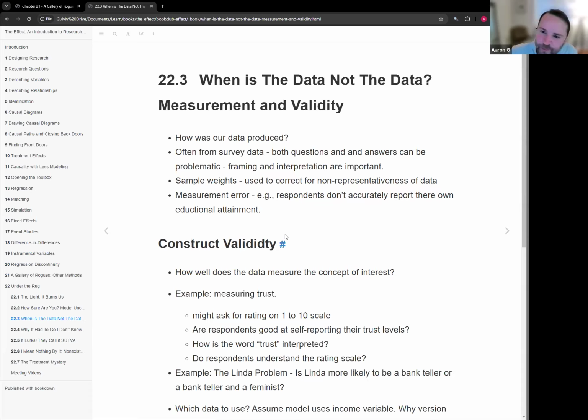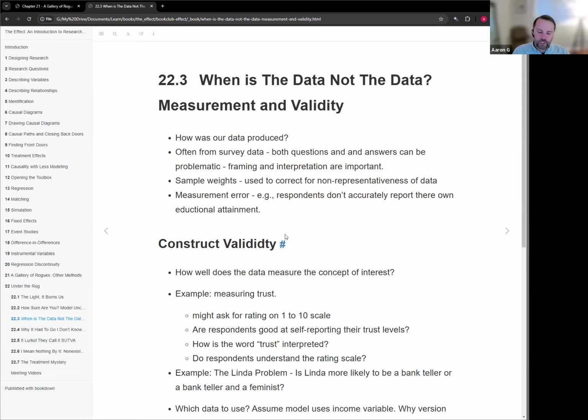Okay, next section. Again, like I said, lots of topics here. This is about measurement and validity. Oftentimes we're handed data sets, but we don't really think about how the data was generated, and data is never perfect. A lot of data is generated from humans, and we're fallible beings, right? A lot of research is done based on survey data, and framing of questions and how respondents interpreted questions are very important there.